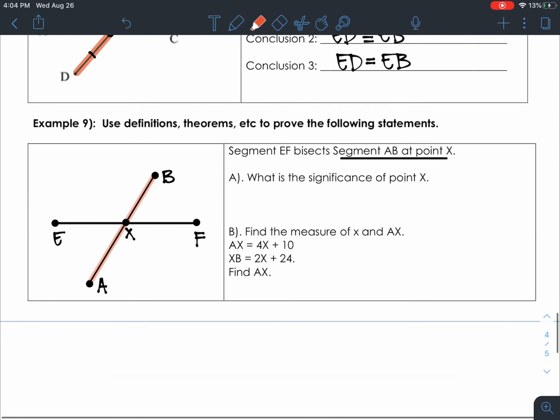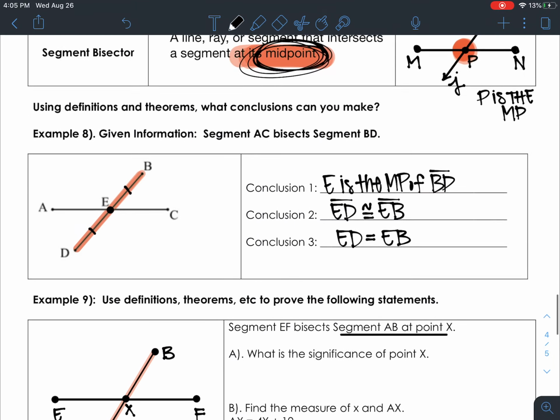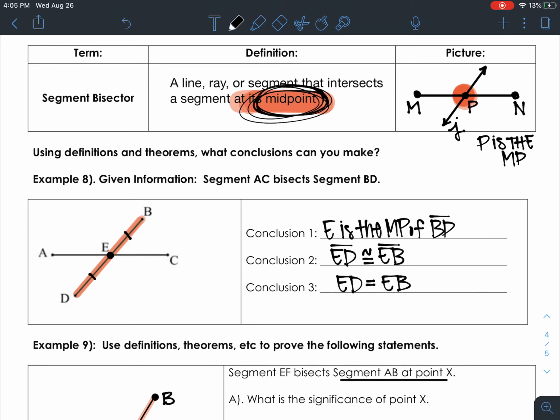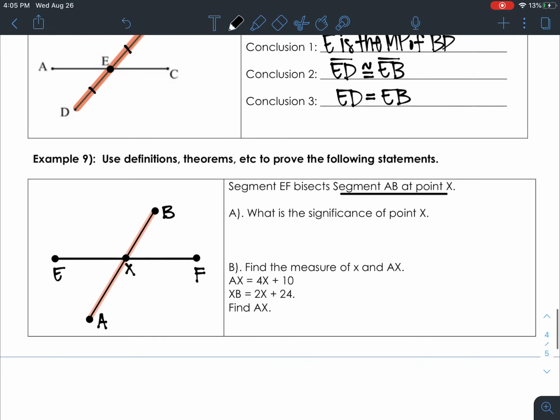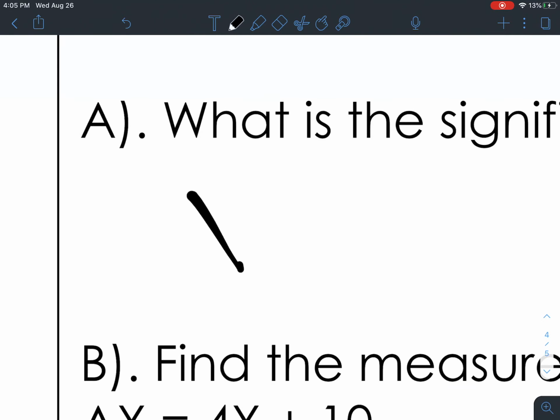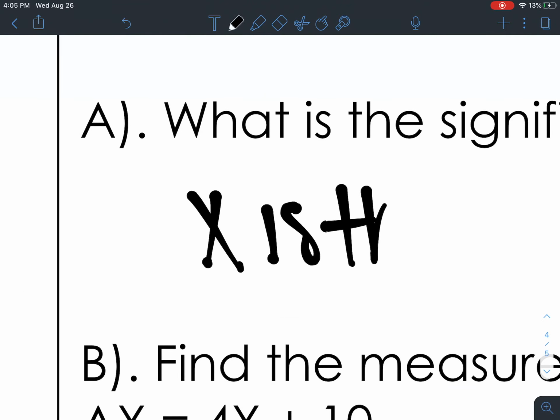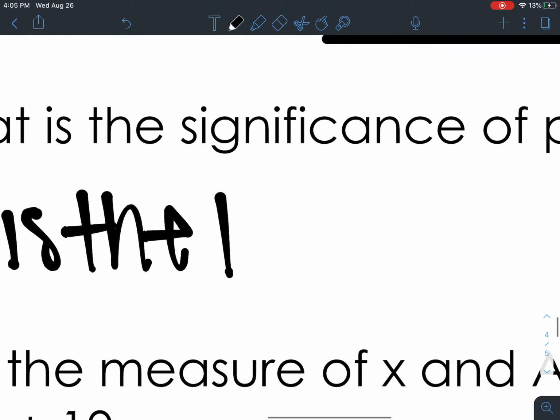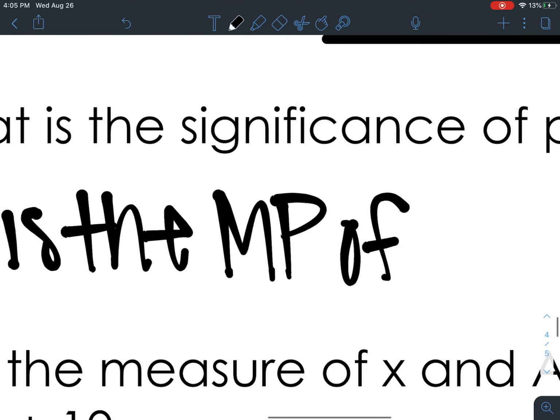Okay, so what's the significance of point X? Well, using that definition of a segment bisector, it's a line, ray, or segment that intersects a segment at its midpoint. So the significance of point X has to be that X is the midpoint of AB.